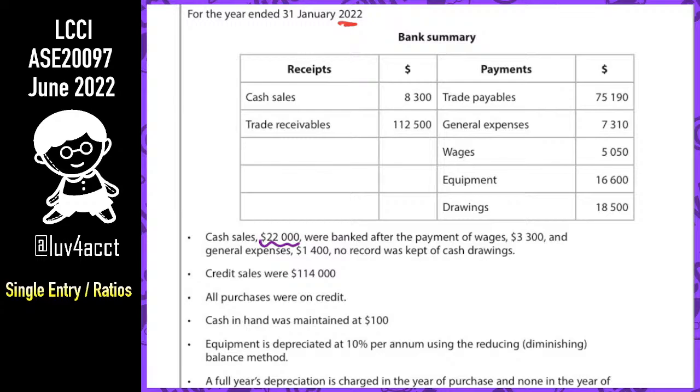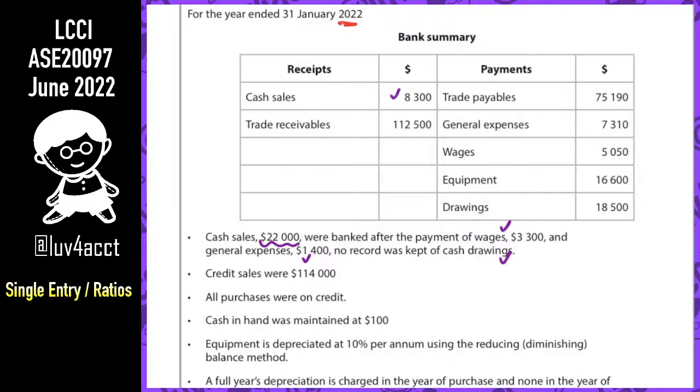First, paid for wages, expenses, cash drawings, and then the last one being cash sales banked. Next, we have to calculate cash drawings.